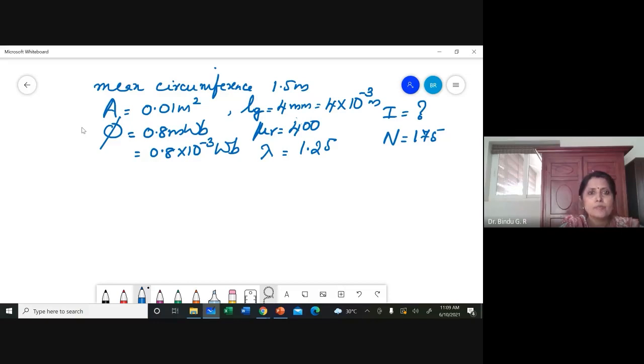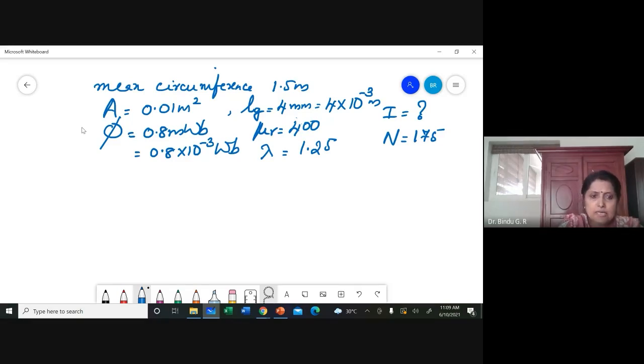Now I'll read the question once again. A circular iron ring has a mean circumference of 1.5 meters and a cross-sectional area of 0.01 meter square. An air gap of 4 mm width is made in the ring. Calculate the magnetizing current required to produce a flux of 0.8 milliweber in the air gap if the iron ring is wound with a coil of 175 turns. Assume relative permeability of iron as 400 and leakage coefficient as 1.25.